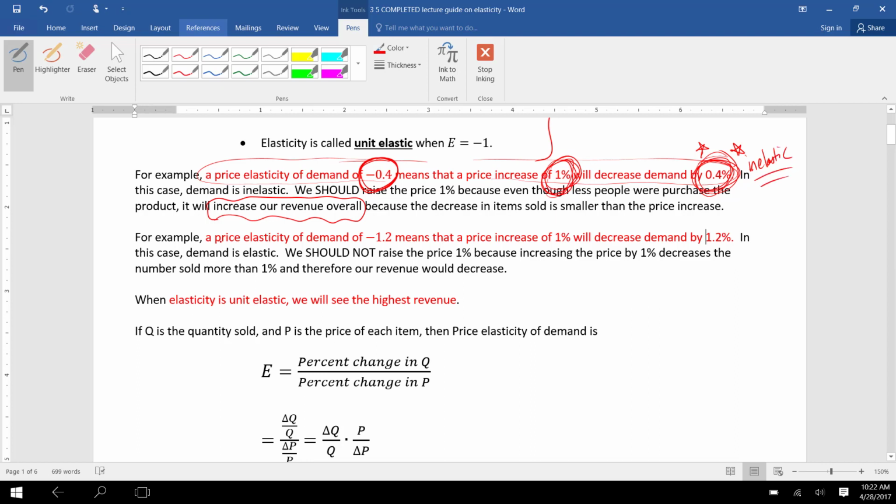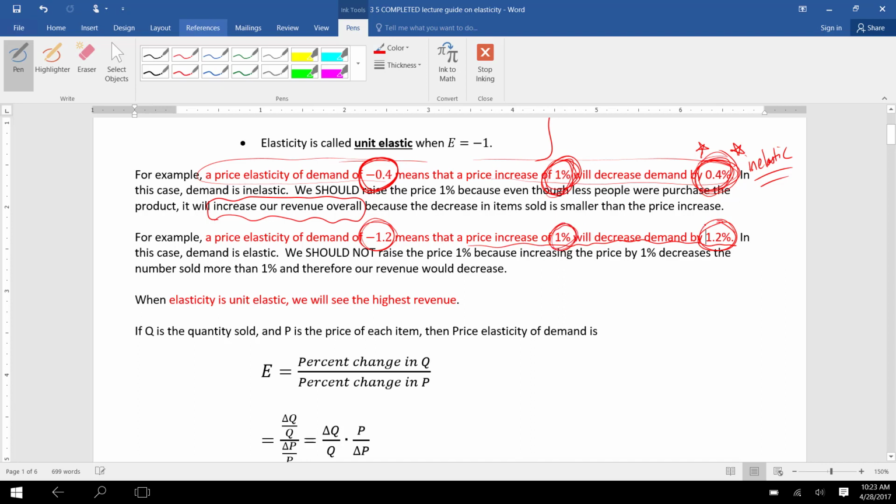As another example, if you have a price elasticity of demand of -1.2, that's elastic. The literal meaning is price increases 1%, that will decrease demand by 1.2%. So it's a little change in the price, 1%.